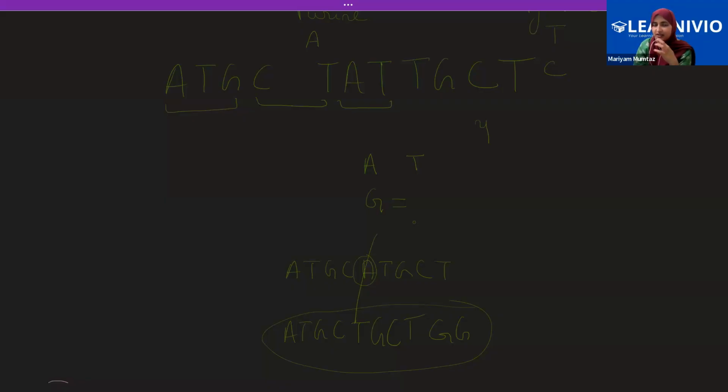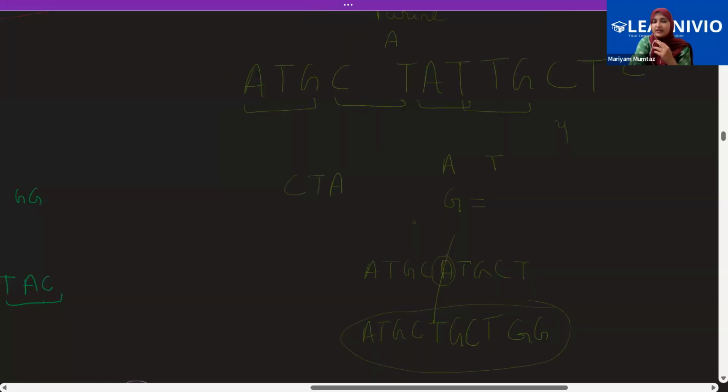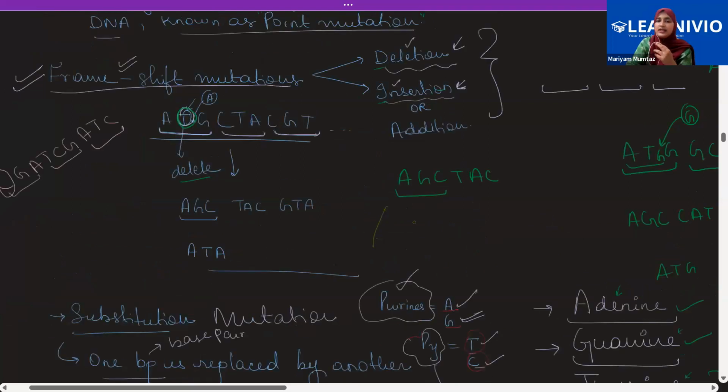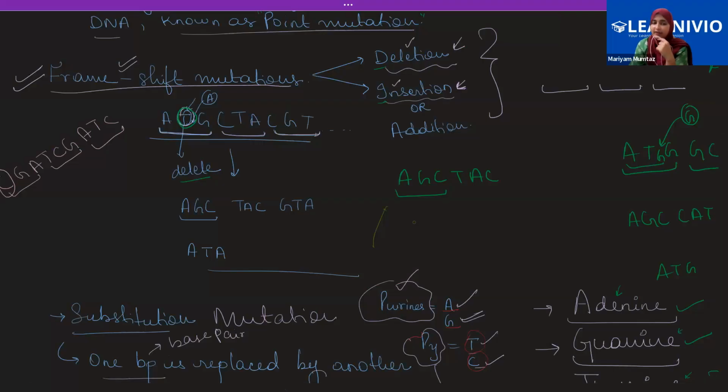It will be ATG, and now instead of CGG it will become CTA, and instead of TAT it will become TTG. One or two places it has been shifted. So the reading frame is shifted. The kind of mutation because of which the reading frame gets shifted is called frame shift mutation. Frame shift mutation can be because of deletion or insertion or addition.